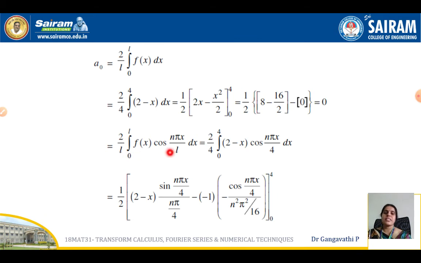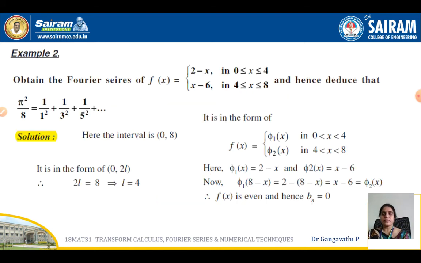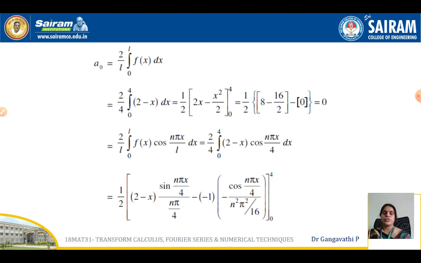So an is missing here, you can write down an, this is the formula, and 2 by 4, L is 4, integral 0 to 4, 2 minus x into cos n pi x by 4 into dx. In the interval 0 to 4, only one f of x is going to be considered.